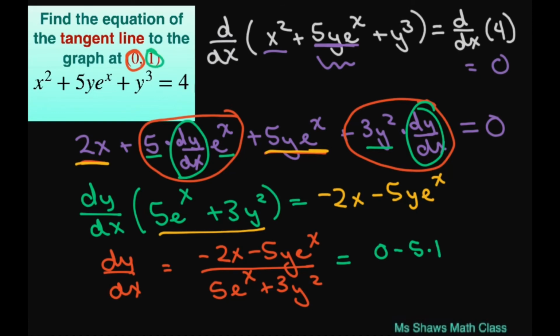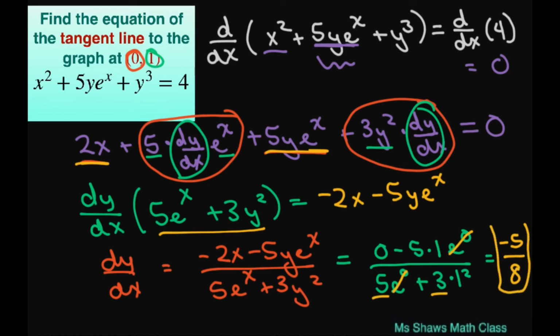You have to substitute your x and y in, times e to the power of 0. The denominator is going to be 5 times e to the power of 0 plus 3 times 1 squared. All right, e to the power of 0 is just 1, so I'm just going to cross these out. You get negative 5, and this is going to be 5 plus 3, which is 8. So our slope is negative 5/8.